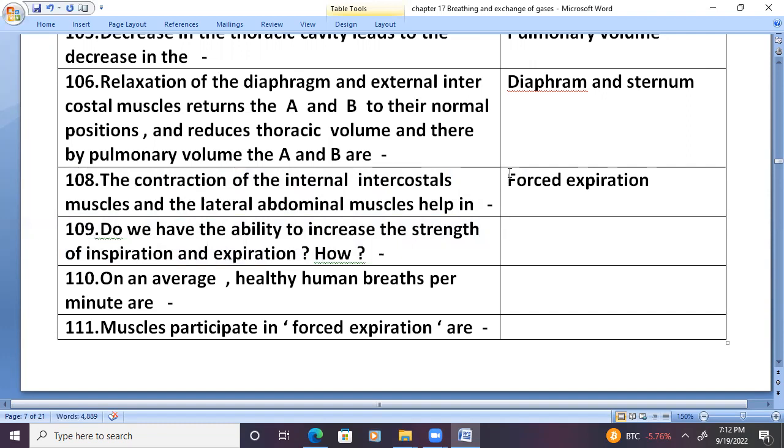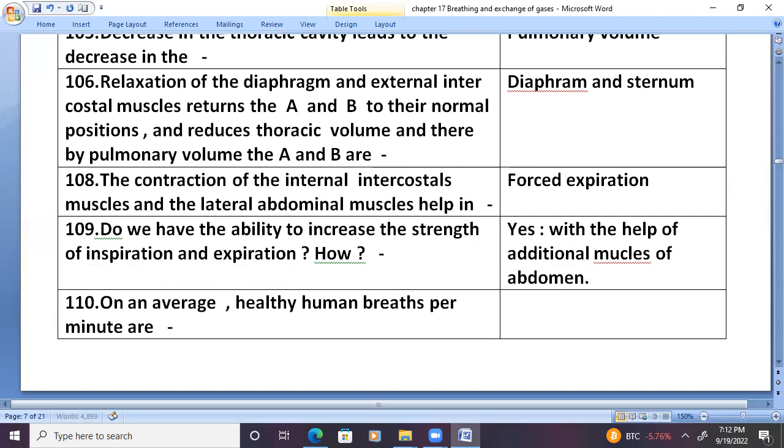Do we have the ability to increase the strength of inspiration and expiration? Yes, with the help of the additional muscles of the abdomen. Mostly they are helpful for expiration; the abdominal muscles participate in forcible expiration.